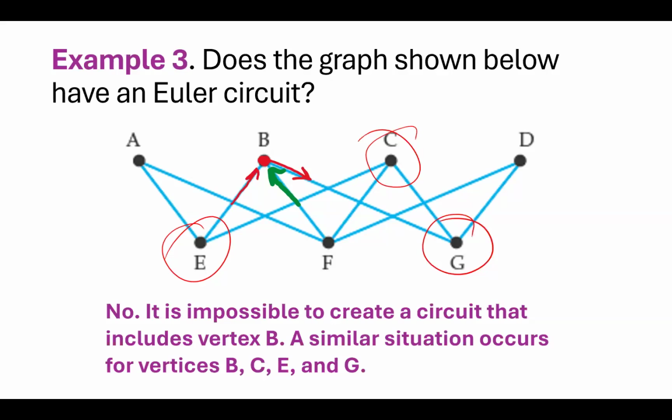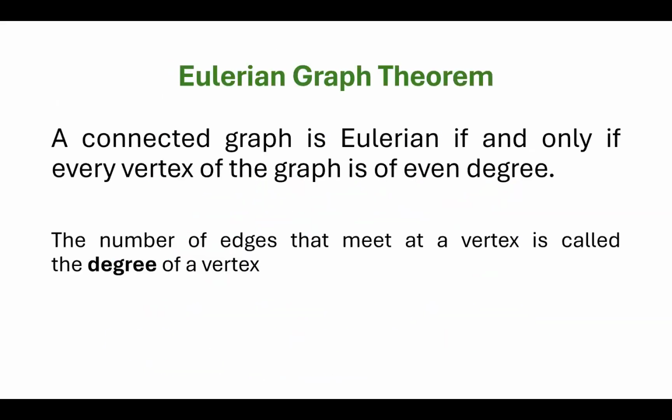And if you start to pay attention to why you cannot use all of the edges of those vertices, you will realize that the good ones would be A, F, and D. And if you separate them, you start looking at what we call the degree of a vertex. The degree of a vertex is how many edges meet at that vertex, how many edges go into or out of it.